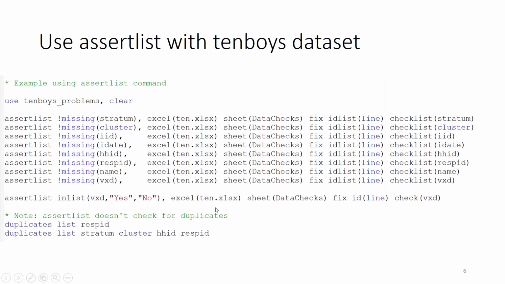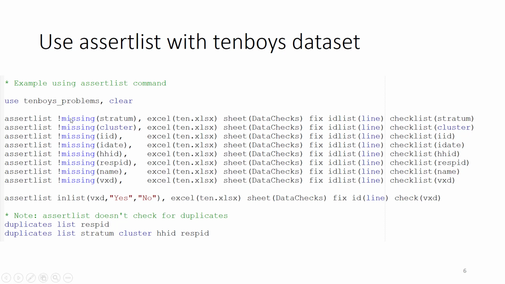So here's an example looking at the dataset we looked at in the earlier videos, the tenboys dataset that has problems. And here's how we would check our expectations about this dataset. First, we're checking for each of these variables because we expect them to not be missing. And if they are missing, we want to send the list out to the spreadsheet called ten.xlsx, to this sheet. We want it to provide an opportunity for us to fix the stratum variable if it's missing.